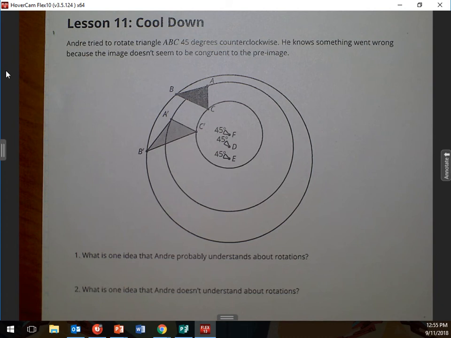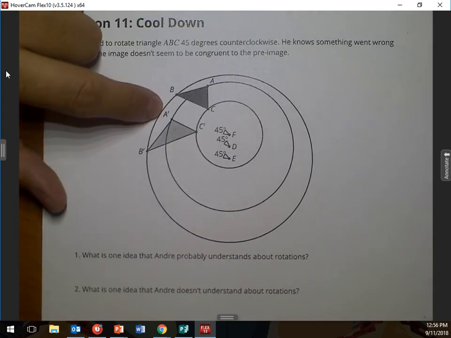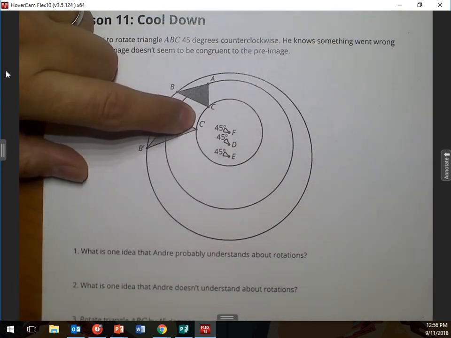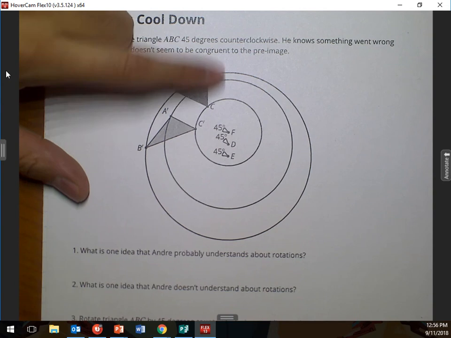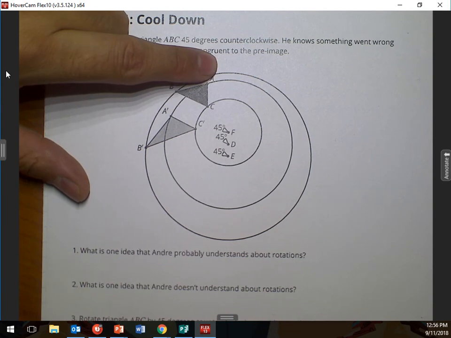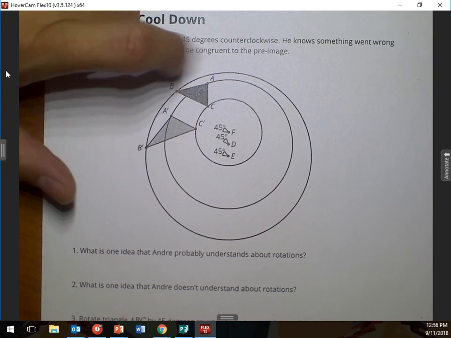Which one's going to be the image? How can I tell which one's the pre-image and the image? The lighter one is the image because it has the tick marks. The image is after the move. The pre-image is the one without tick marks.